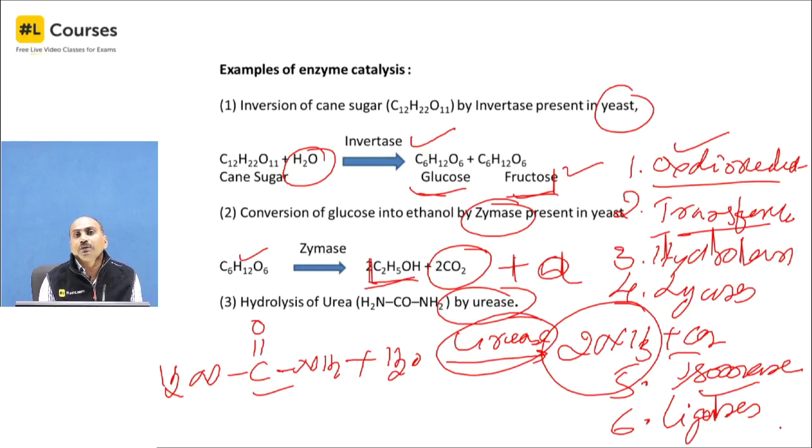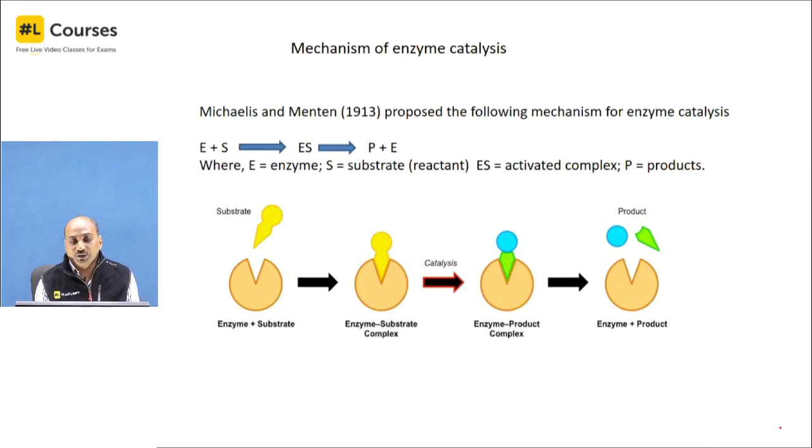How actually they bring about the process, that is what we will discuss with the pictorial notation. When we talk about the mechanism of enzyme catalysis, this goes back to the year 1913. This concept was proposed by the Michaelis-Menten equation. This is also called the lock and key mechanism.